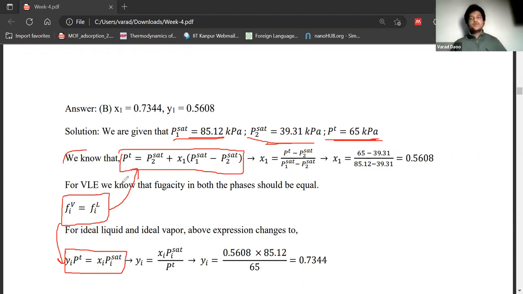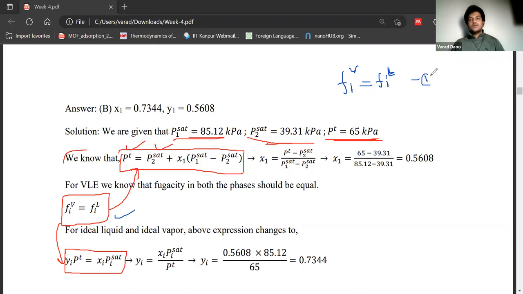I'm not doing the derivation, because it's quite common and it has been taught in this course; refer to the lecture videos. So Pt is equal to P2 sat plus x1 into P1 sat minus P2 sat. For those who do not have the understanding, it is very clear: for two phases to be in equilibrium, the fugacity of vapor has to equal the fugacity of liquid, right?